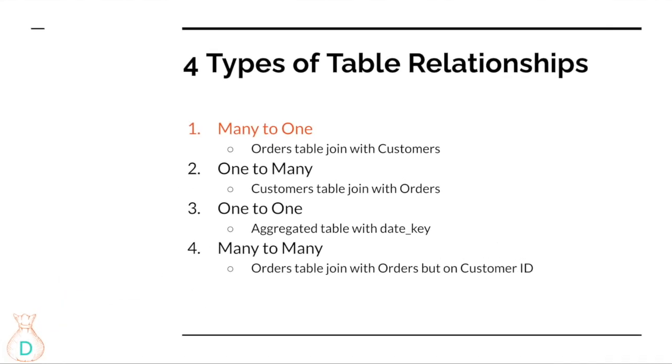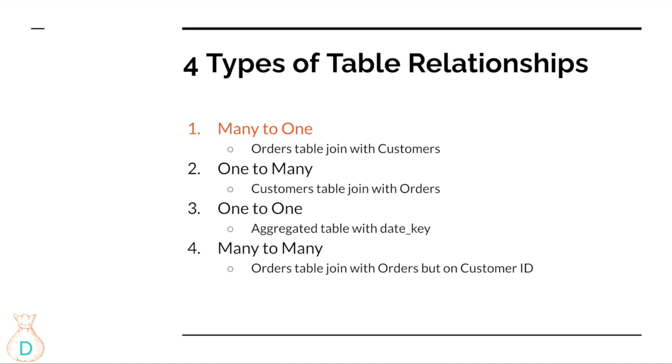So now I want to talk about 4 different types of table relationships. The most commonly used is probably many to one, but we're going to go over all of them. So you have many to one, one to many, one to one, and many to many. So for many to one, imagine if you're joining the orders table with the customers table.